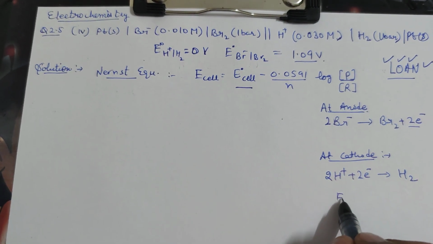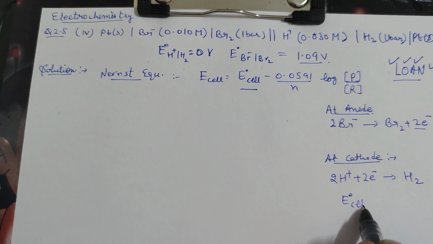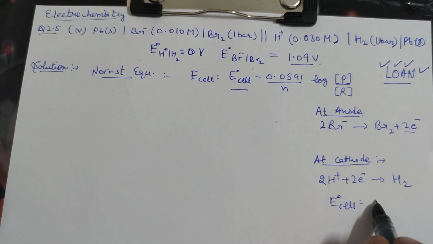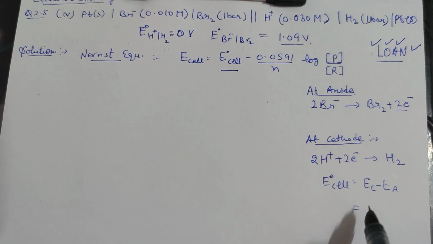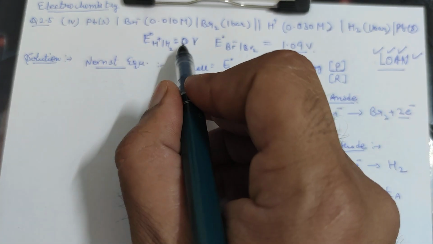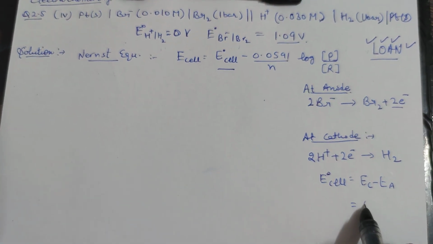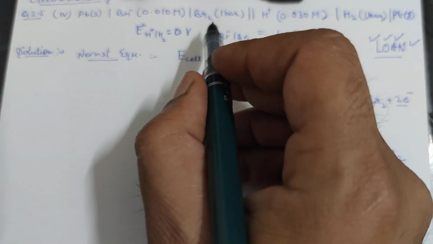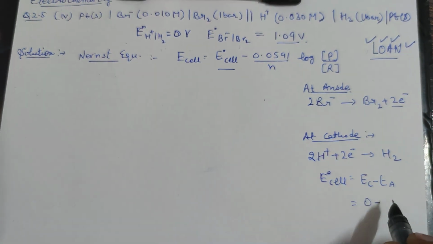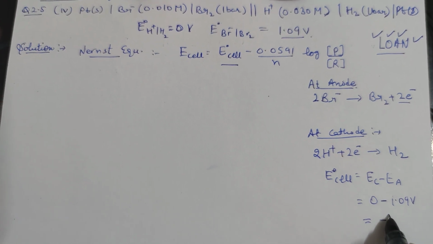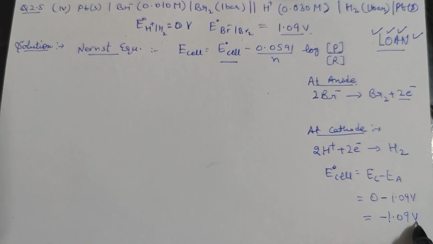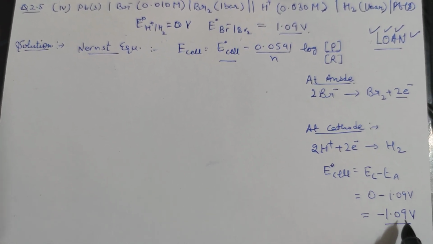E0 cell is E cathode minus E anode. At the cathode side we have hydrogen, its value is always 0, and the value of the anode is 1.09. So the final value will be minus 1.09 volt.